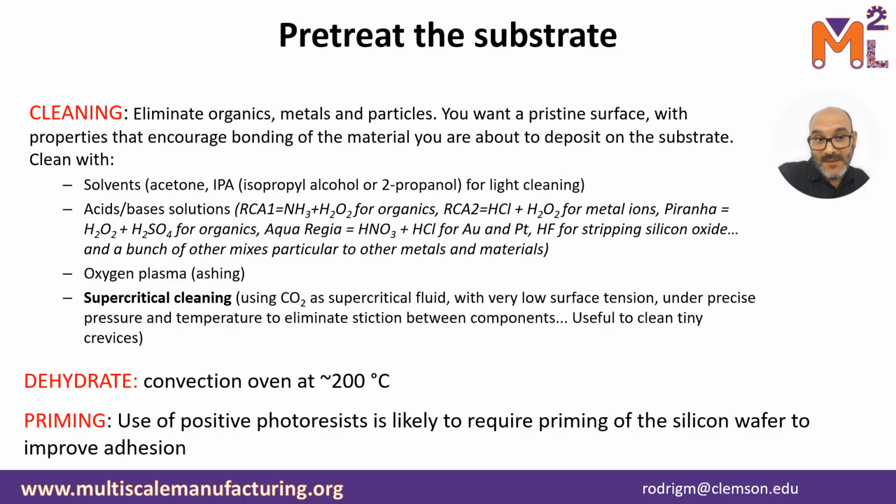So acetone, IPA, then you can start going into more drastic treatments like the RCA1, RCA2, Piranha, Aqua regia, and a number of other known chemicals or known mixtures of chemicals in order to clean your substrate. Right? You can also have oxygen plasma. You can also have supercritical cleaning. Now, for some processes, you also require to do the dehydration, right? That will be a convection oven at around 200 degrees C, in order to eliminate any water residues and prime the surface for the coating.